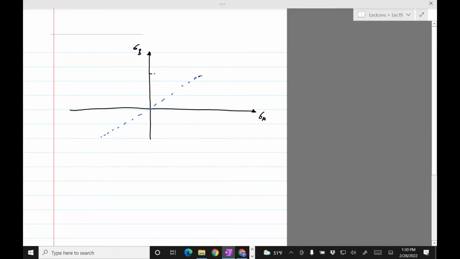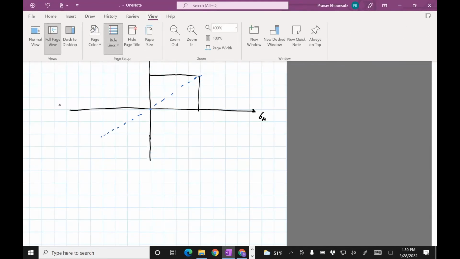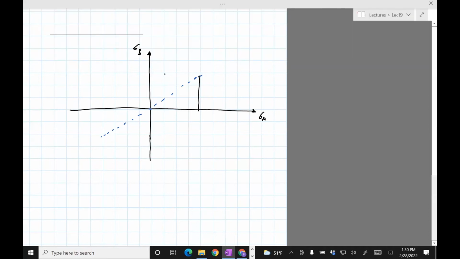So the maximum shear stress theory will be this, so that's Sy, minus Sy, minus Sy.